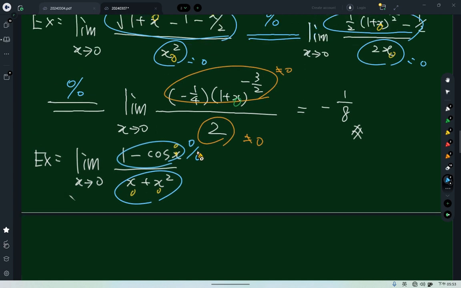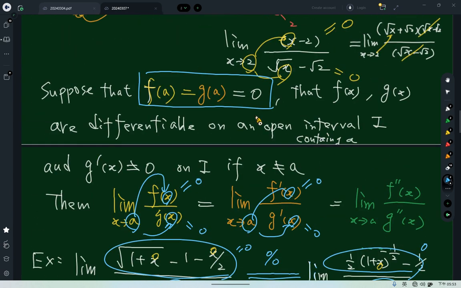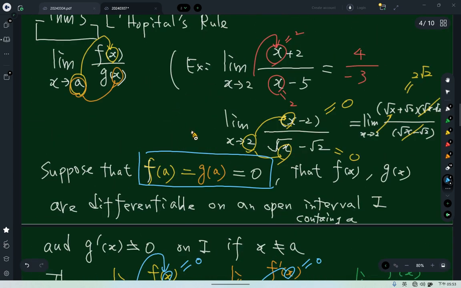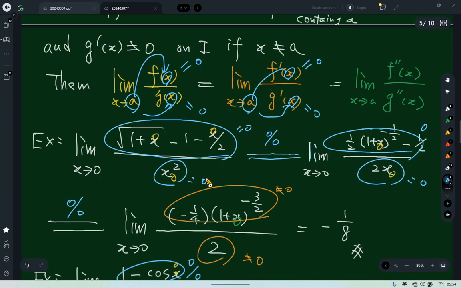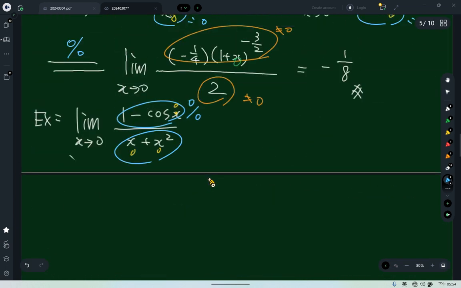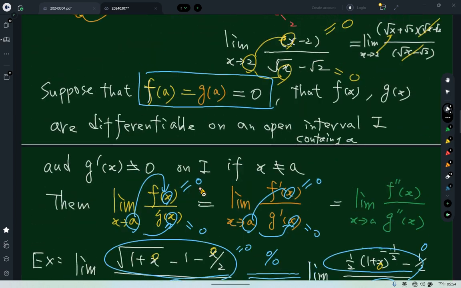So you can just use L'Hopital's rule to solve this problem. Based on this, you can see it's a 0 over 0 form, an indeterminate form.